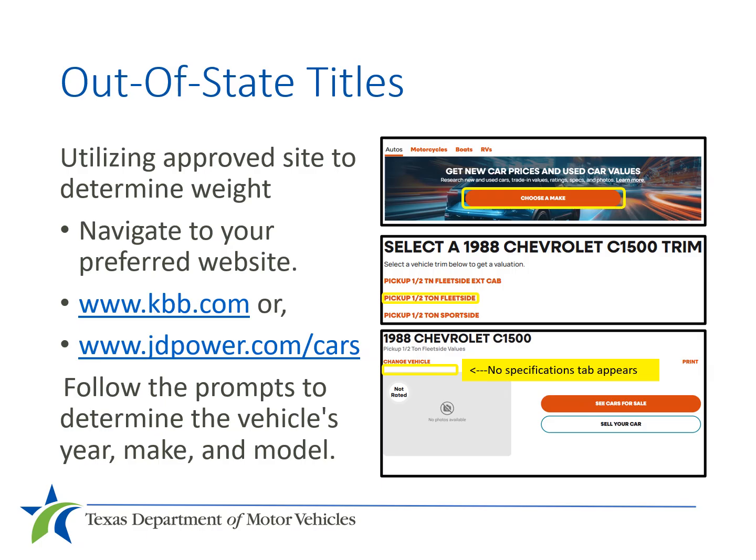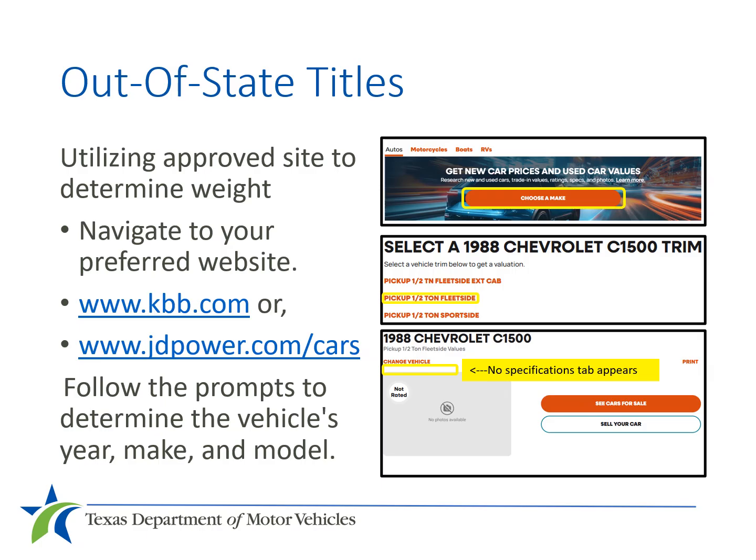Next, it will show you the information on the vehicle. If there are specifications available, they will be shown just under the line that says Change Vehicle where I have highlighted. Since our example is an older vehicle, the guide does not have the specifications available for this vehicle, which is indicated by the Specifications tab not being shown. Because this info is not shown, we are unable to provide an empty weight.